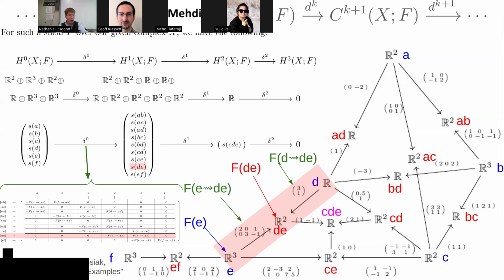And you can compute the kernel of a matrix very readily, even for extremely large matrices. And this gives us a way of computing the global section for the sheaf.